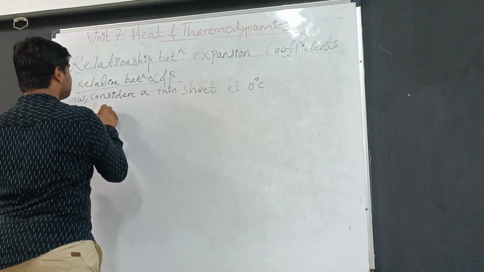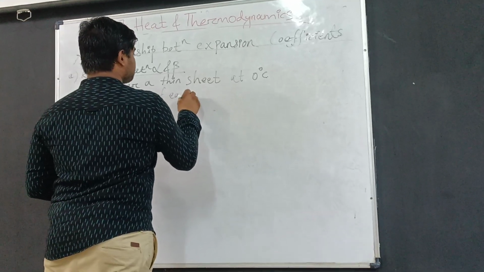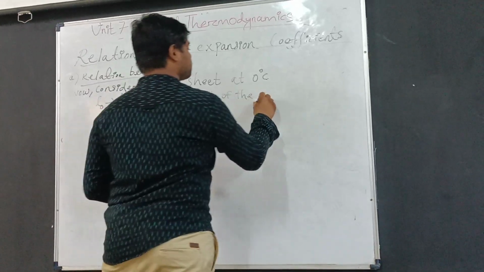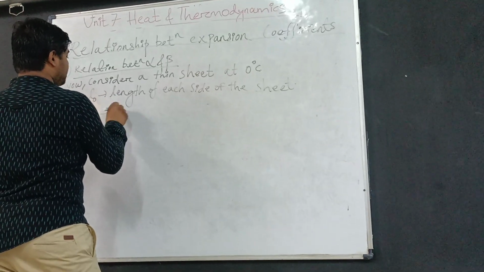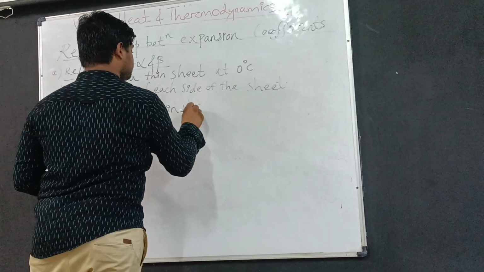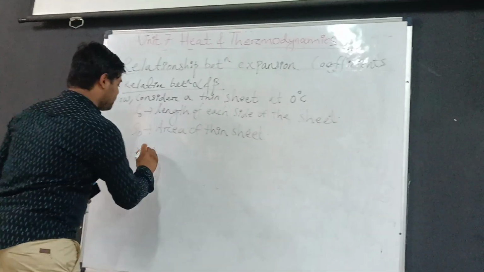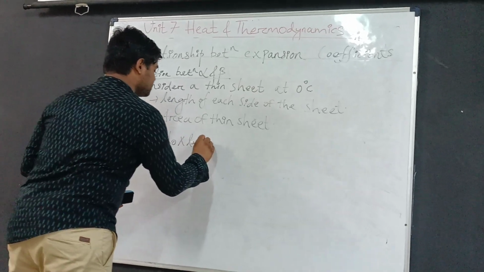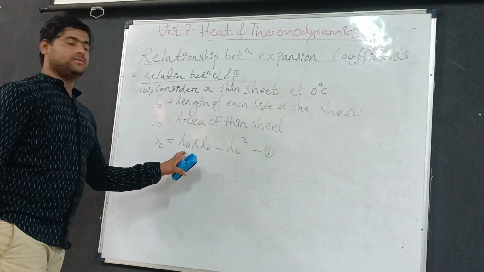So L0 is the length of each side of the sheet. Now S0 is the area of the thin sheet. So we know the formula, S0 will be L0 into L0, which is L0 square. Let us give this as equation number 1.